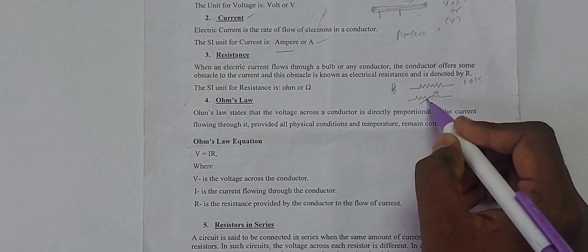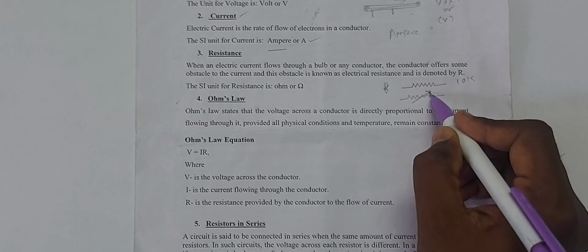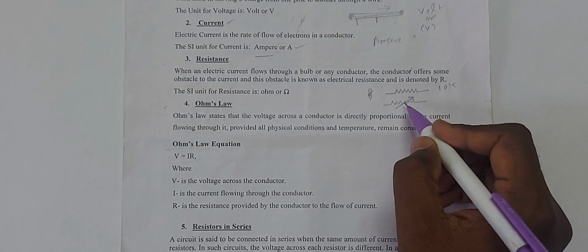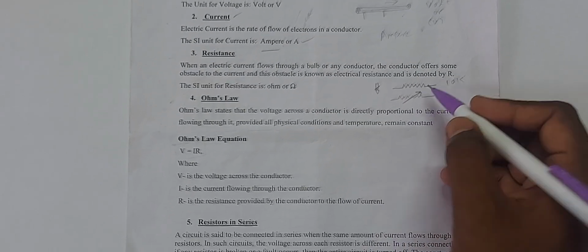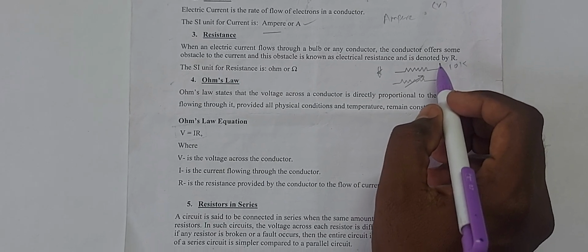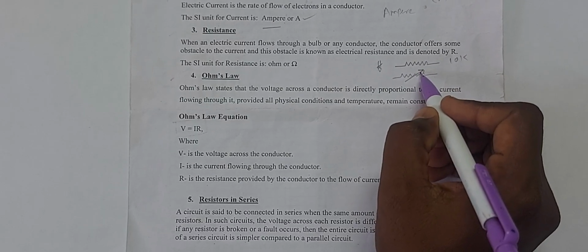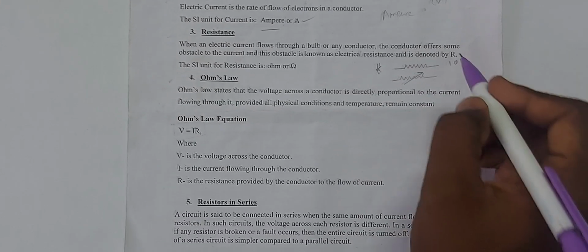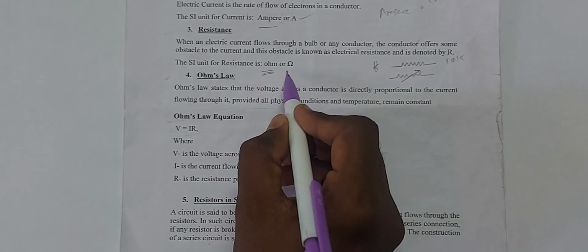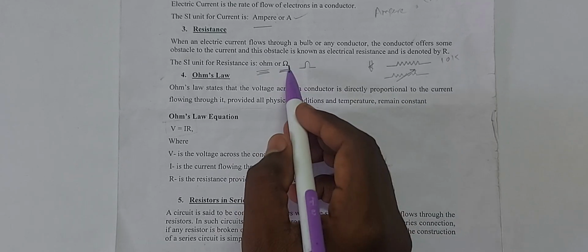We can keep it as 1k, 2k or 3k. If you put an arrow mark, we can say that this is a variable resistance. So resistance is a part of our electrical component that restricts the flow of electric current. The unit for resistance is ohm, represented by the ohm symbol, like this. This is called resistance.